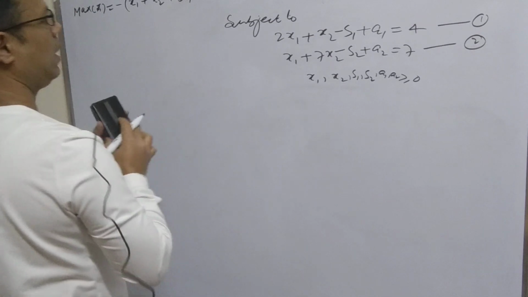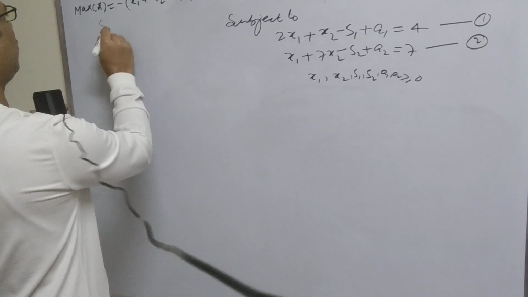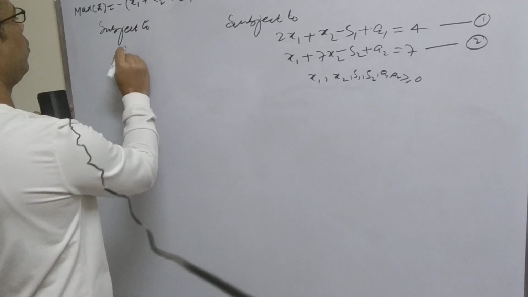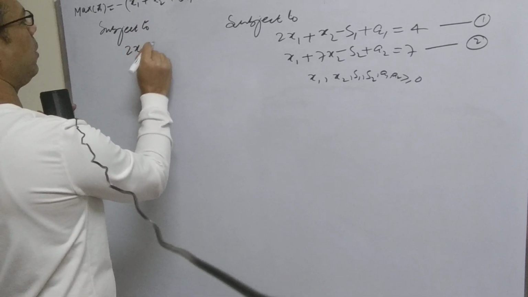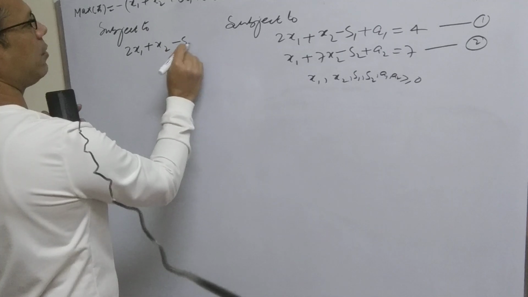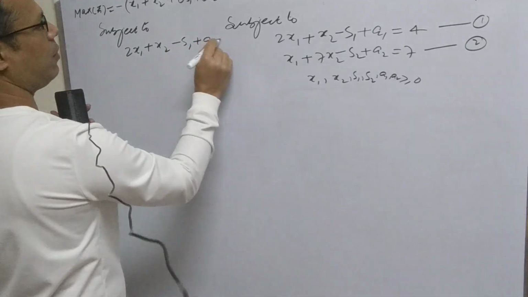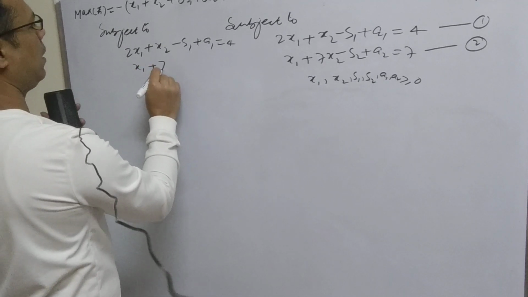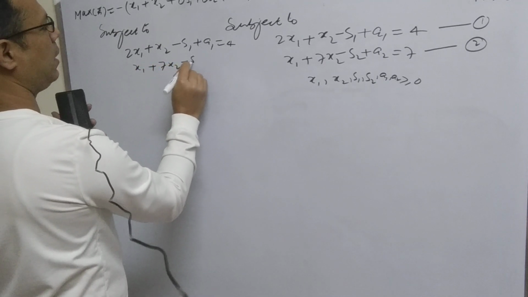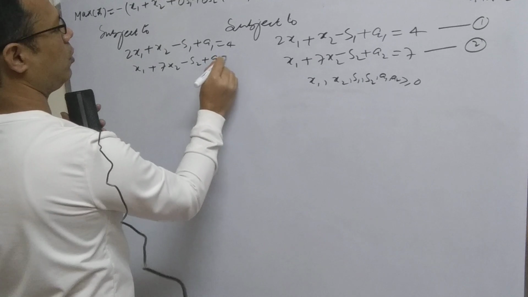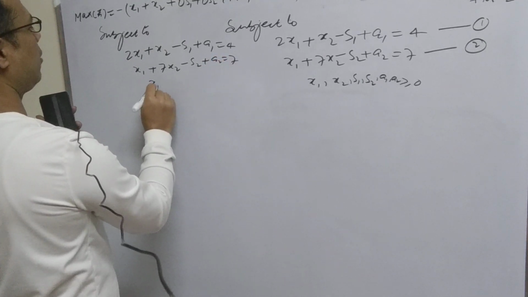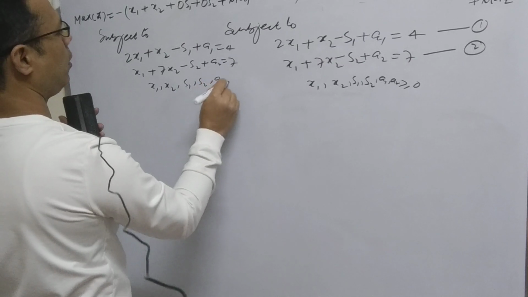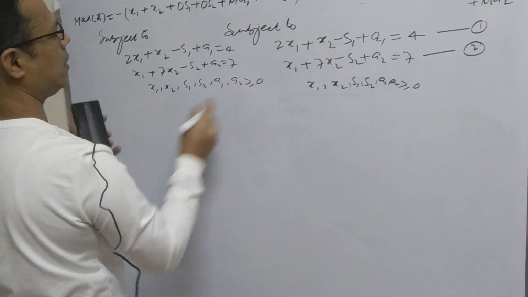Now, subject to 2x1 plus x2 minus s1 plus a1 is equal to 4, x1 plus 7x2 minus s2 plus a2 is equal to 7, and x1, x2, s1, s2, a1, a2 are all greater than or equal to 0.